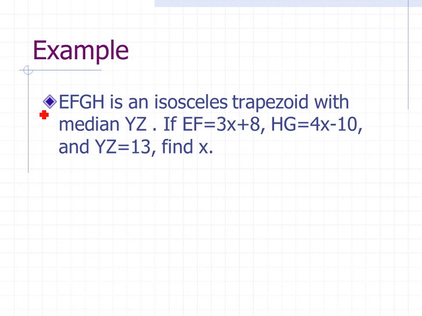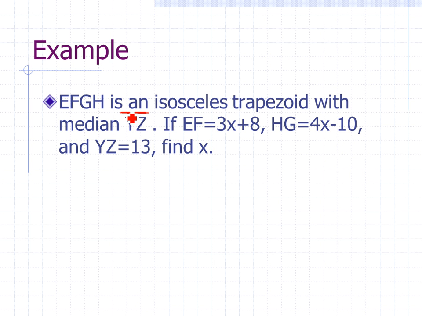All right, write this down. We'll do this real quick. EFGH is an isosceles trapezoid with median YZ. And this should be segment YZ there. Please don't forget all your symbols. How come I don't put symbols above all these others? If you give a segment a length, does it need a symbol? Because you know it has to be a segment.